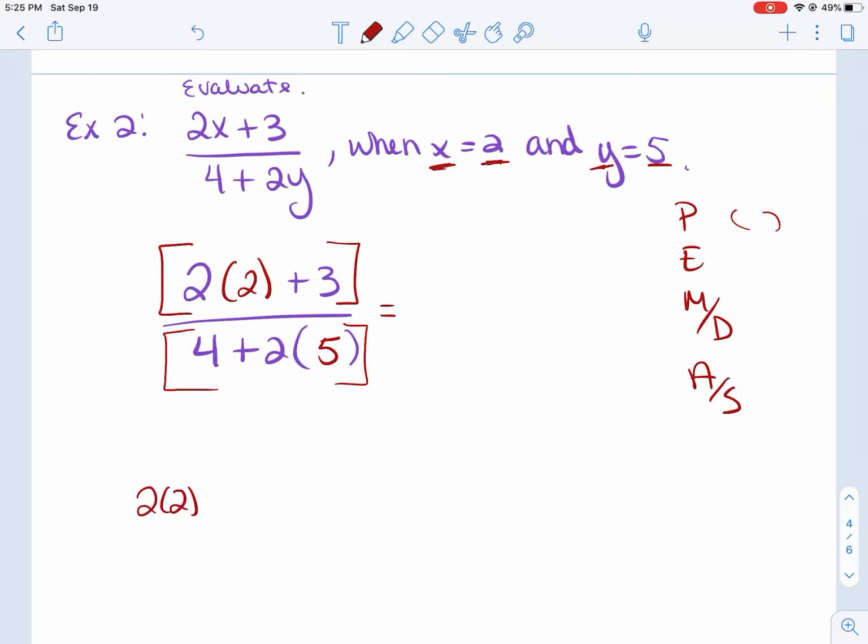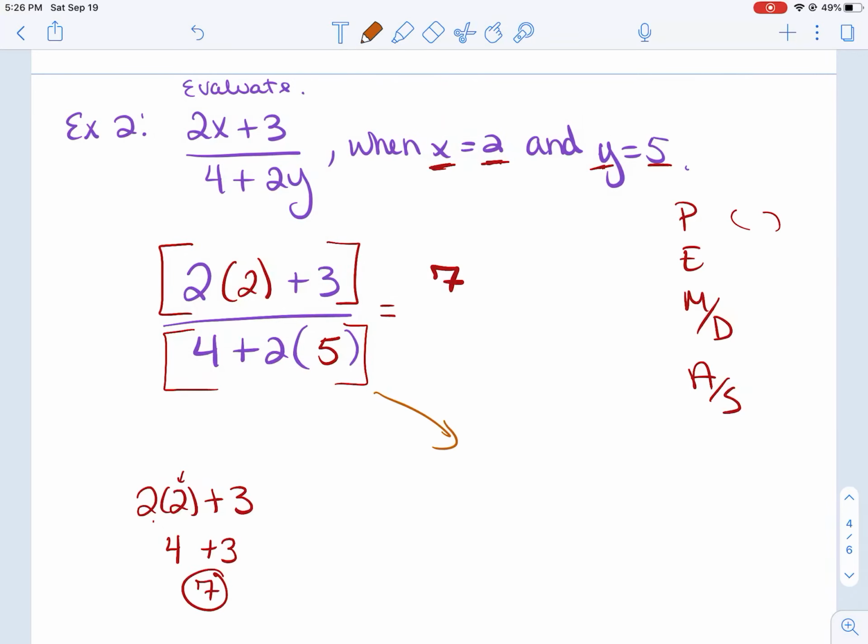So in the numerator, we have 2 times 2 plus 3. Well, there's nothing to do inside of the parentheses. It's already simplified. There are no exponents, so next I'm going to multiply or divide. Well, 2 times 2 would give me 4. Then I can add and subtract to give me 7. So the numerator of this is equal to 7.